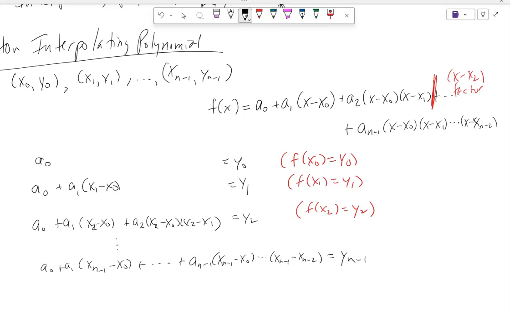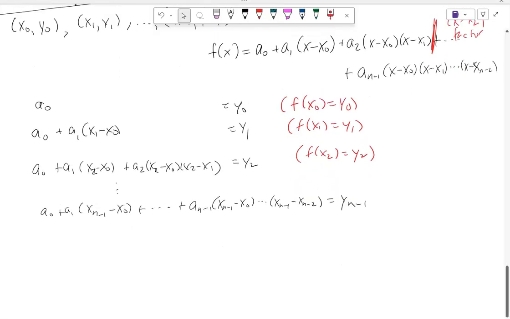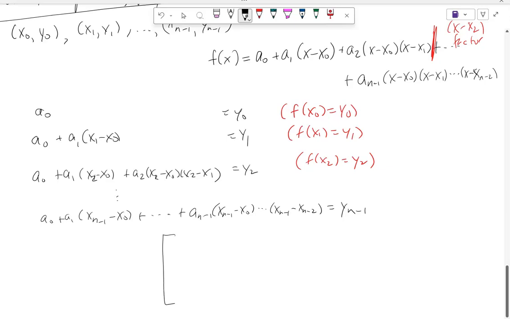Do you see why this is called a triangular system? How many variables are we trying to solve for? We're trying to solve for the A's. How many variables are we solving for in the first equation? 1. In the second equation, we have 2. Third equation, we have 3, right? If you think about writing it in matrix form, you'll have what looks like a triangle in the lower left-hand corner. You'll have a 1, and then you'll have a 1 and an x1 minus x naught.